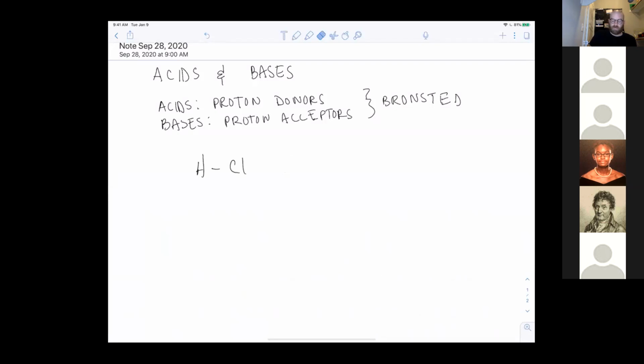Actually, let's react it with ammonia. So let's say you're reacting these two molecules. What you should be able to do is use these definitions up here at the top to identify what's the acid and what's the base.